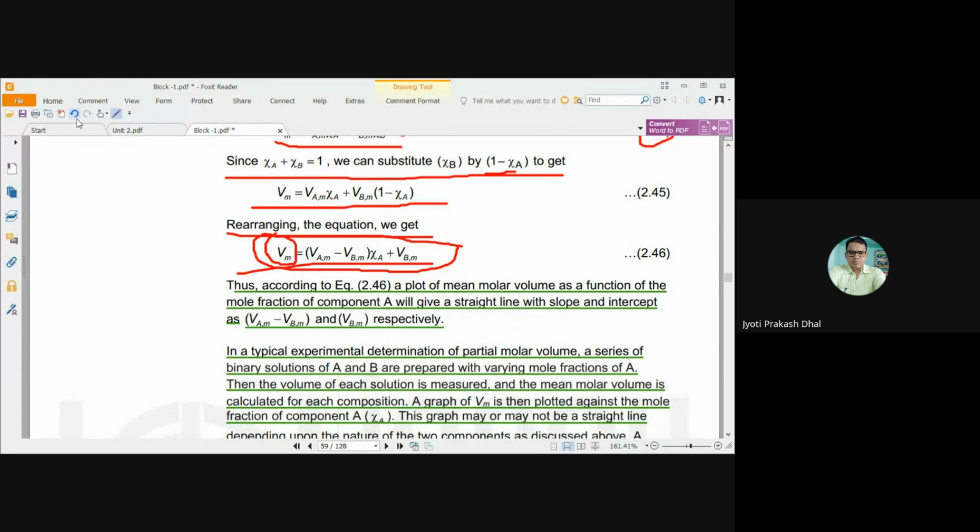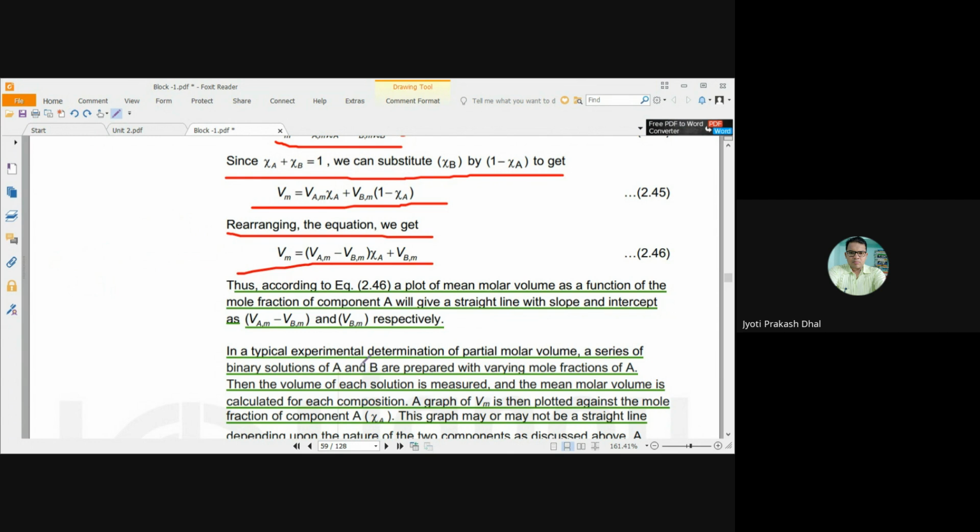This will be the slope. That means it is just like y equals mx plus c. Here x is on the x-axis, y is on the y-axis, m is nothing but the slope of the graph, and c is the intercept of the graph.